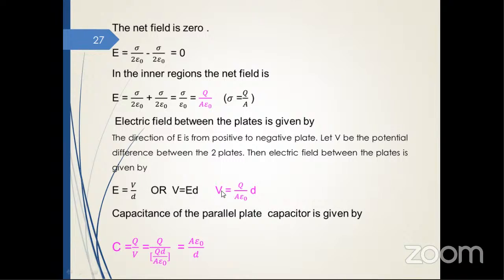Therefore, V is equal to, what is the value of E? E is equal to Q upon A epsilon naught.